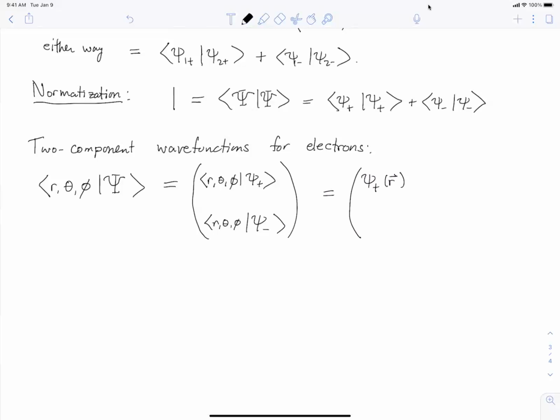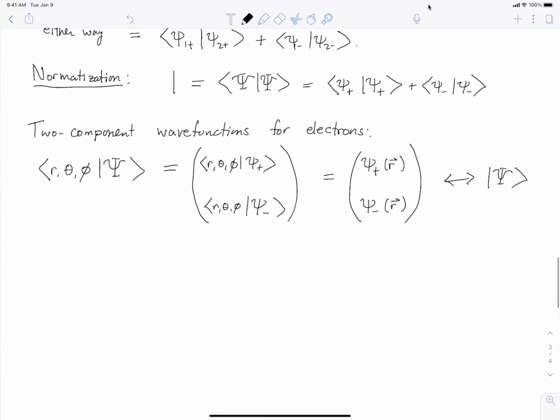I can write r vector or I can write r theta phi. It means the same thing. Instead of specifying two kets, one for each of the two spin components, I'm writing two wave functions for them. And the information in this is the same as in the original complete ket.